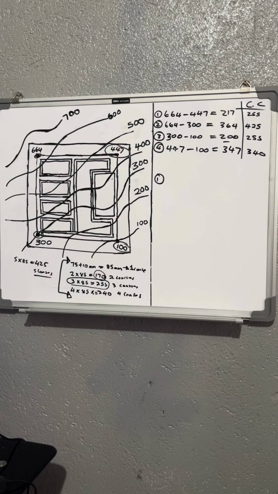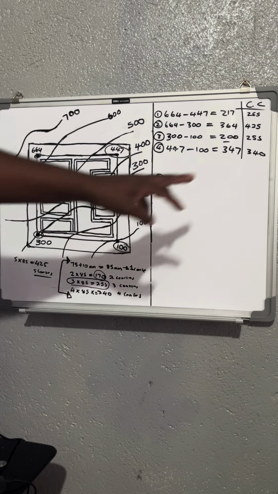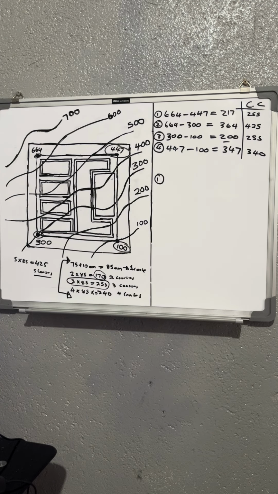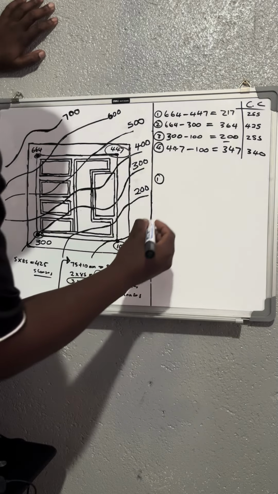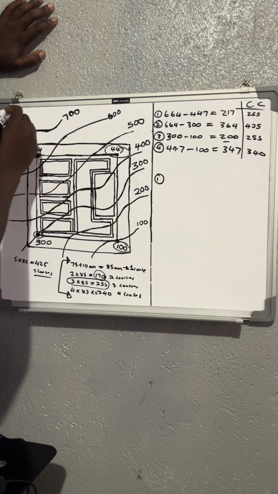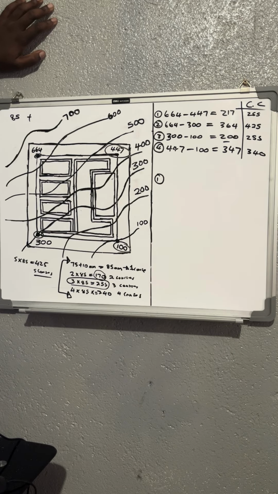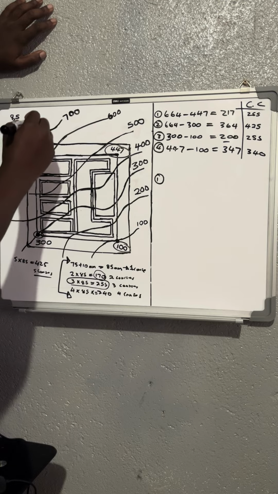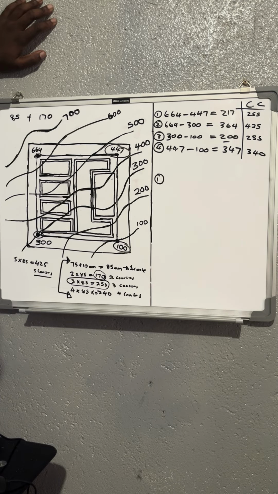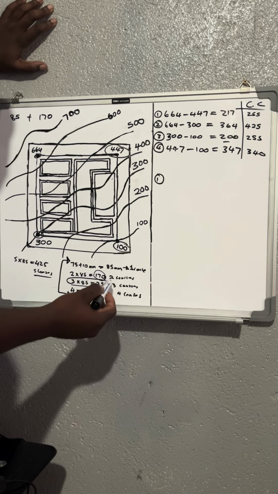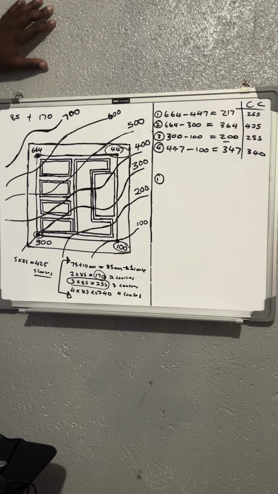If you want a combination of courses that will lead to 255, it's what? Let me just write here. It will be your 85 and your 170, so it's basically 2 courses plus your 1 course.